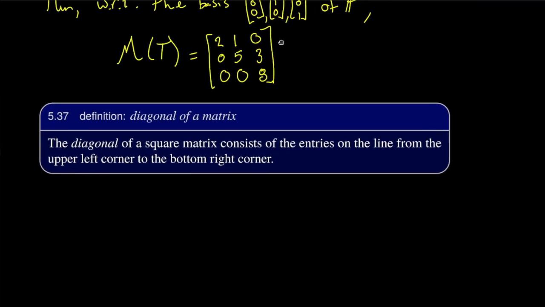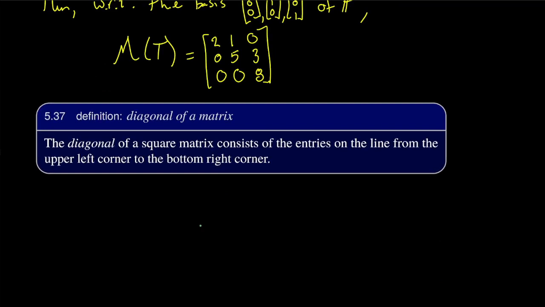So here's the gist. We're going to get a lot of information about what an operator does and is, and in particular, here's the spoiler, about its eigenvalues from how we can write a matrix for that operator.